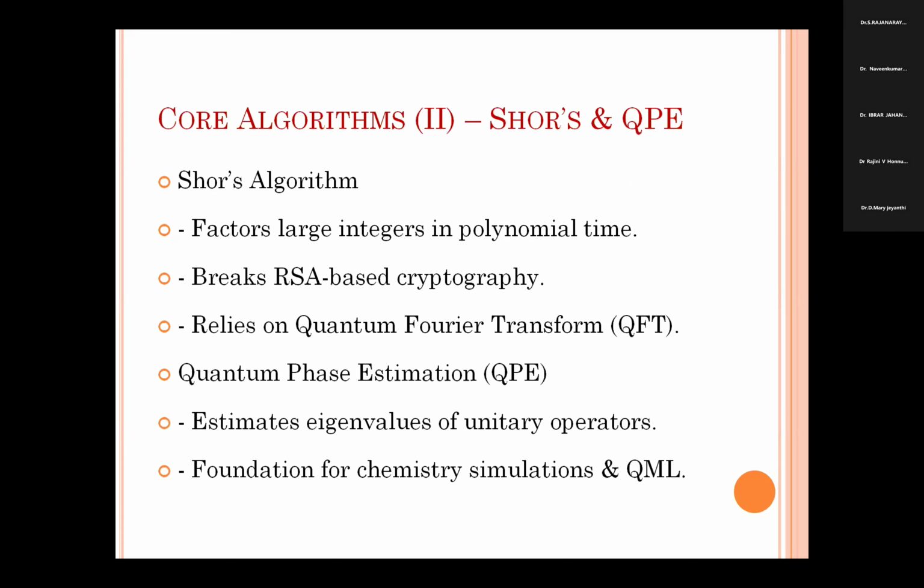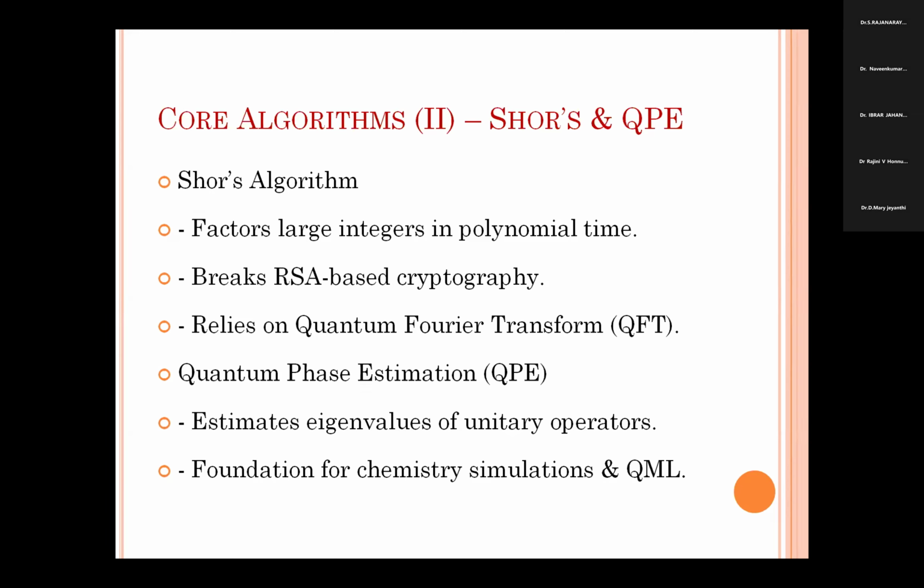Then core algorithms: the second algorithm, Shor's algorithm, as well as QPE. Shor's algorithm is a quantum algorithm for integer factorization, factoring large integers in polynomial time.